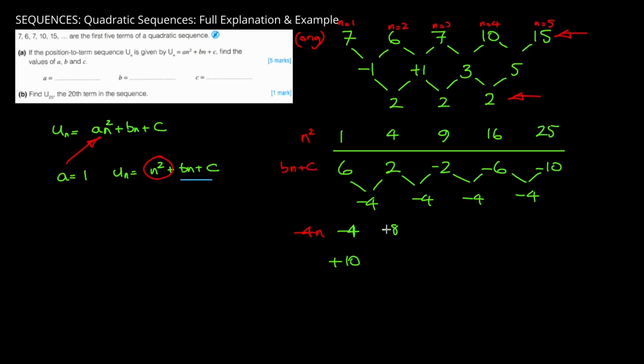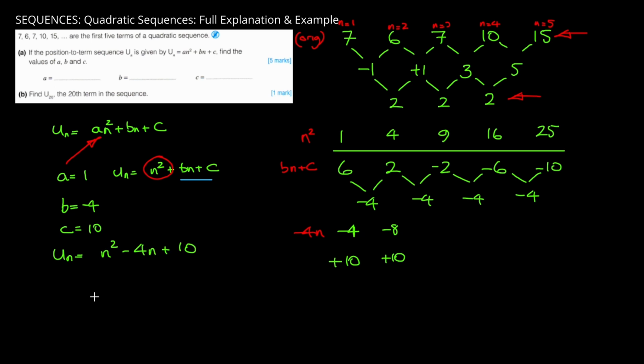So we have to add 10. And that turns out to be the value of c. So the results we've got is that b is equal to -4, and c is equal to positive 10. So un turns out to be n squared minus 4n plus 10.